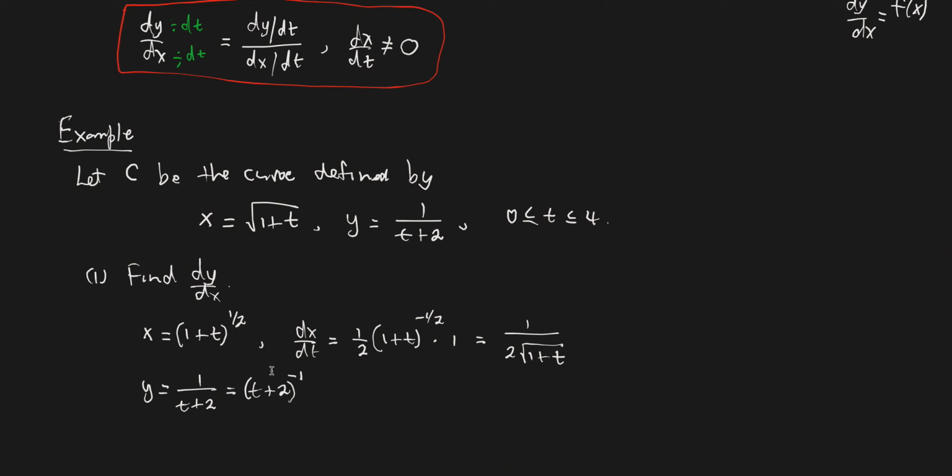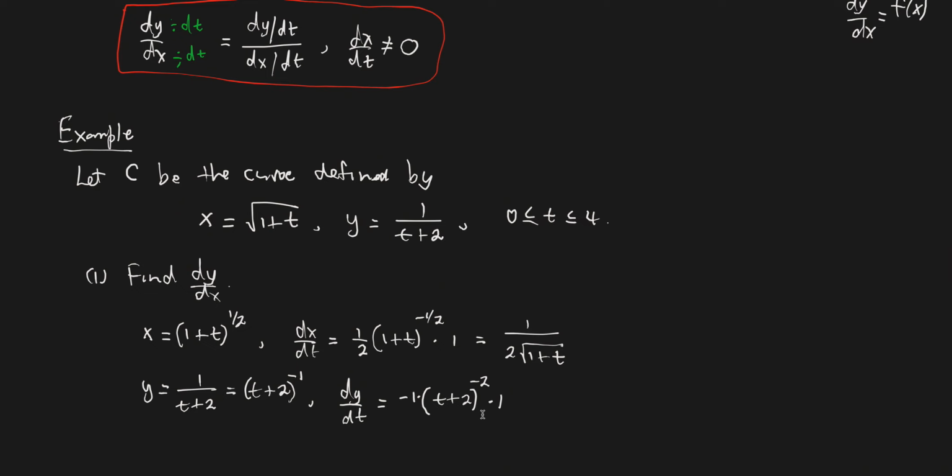So let's go ahead and use this version, the quantity t plus 2 to the negative 1, and find dy/dt using our chain rule. Let's bring down our negative 1, times the quantity t plus 2, and then subtract 1, so our exponent is now negative 2. And again, we're supposed to multiply by the derivative of the inner.